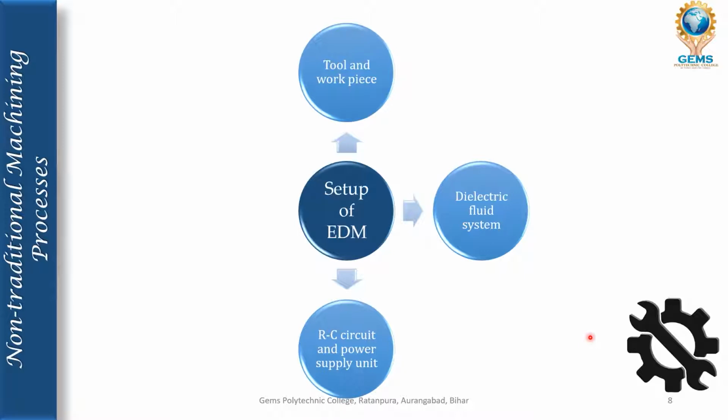RC circuit means resistance capacitance circuit. And the fourth thing is the tool feed mechanism. So this setup of the electrical discharge machine comprises four things: the tool and workpiece, the dielectric fluid system, the RC circuit and power supply unit, and the tool feed mechanism.